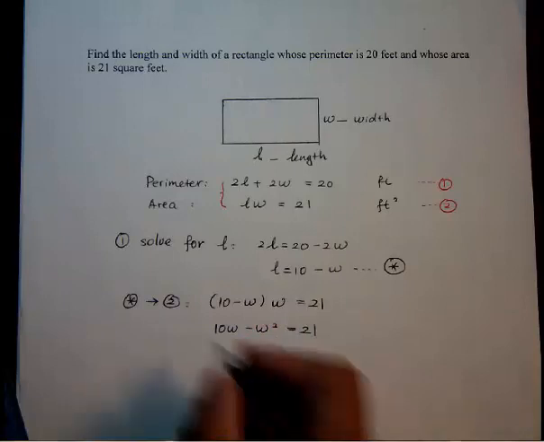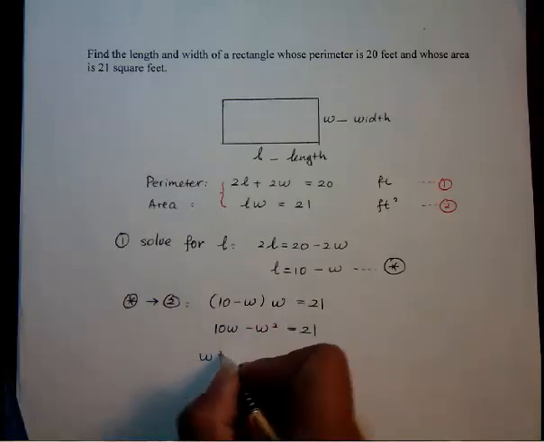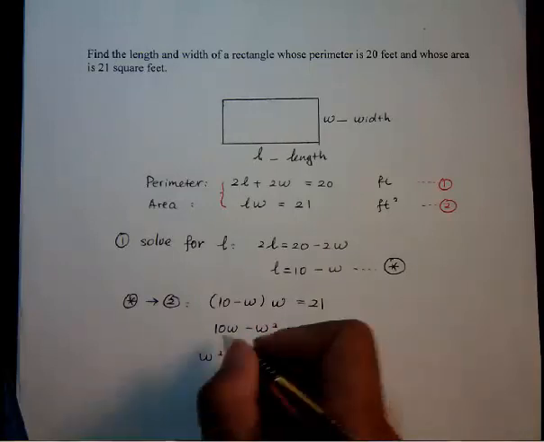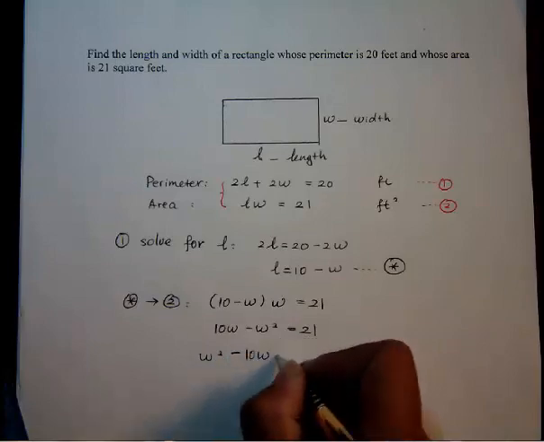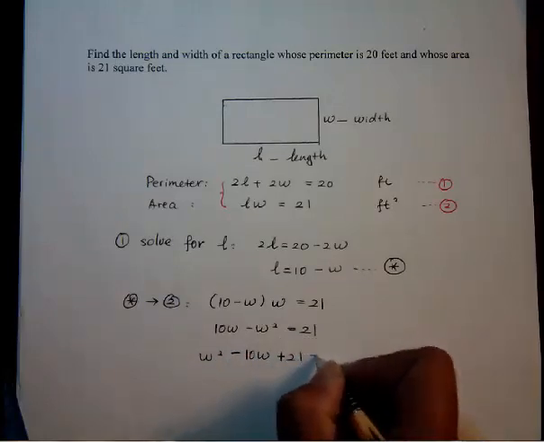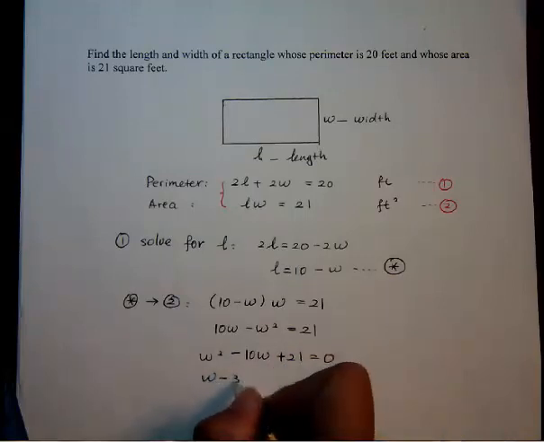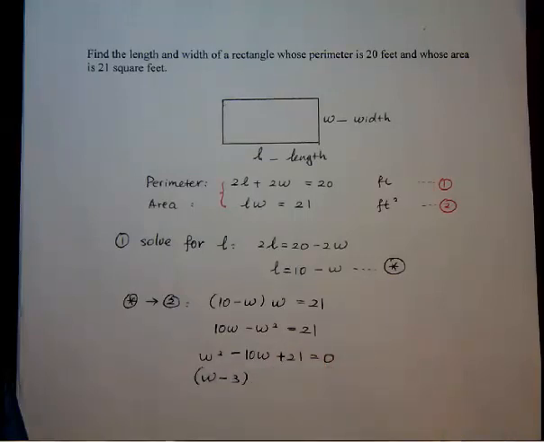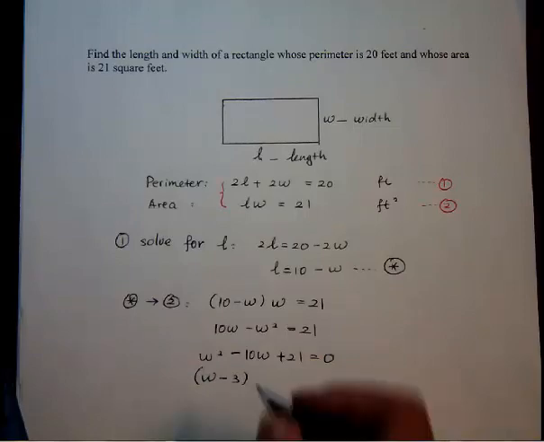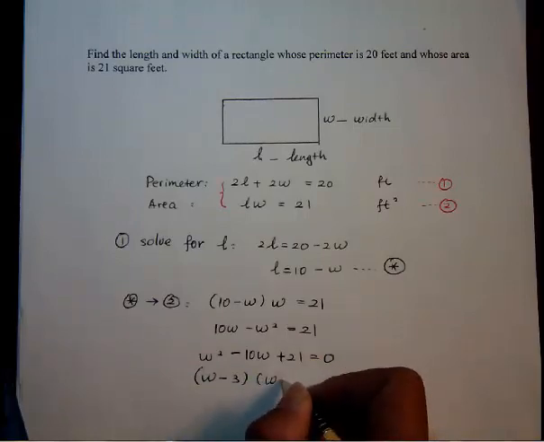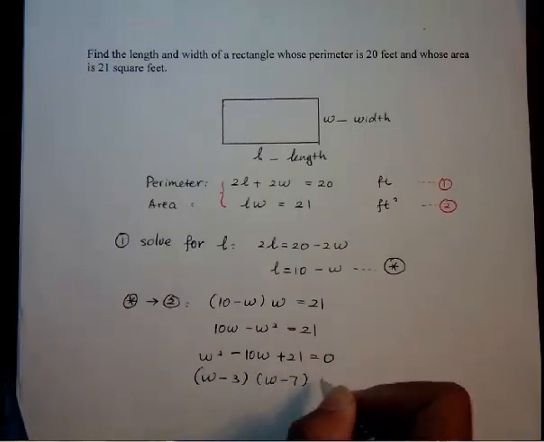Let's move everything to this side. So I have a positive leading coefficient: W squared minus 10W plus 21 equals 0. Well, I can use 3 and 7: the negatives of them multiply to 21, and the sum is 10.